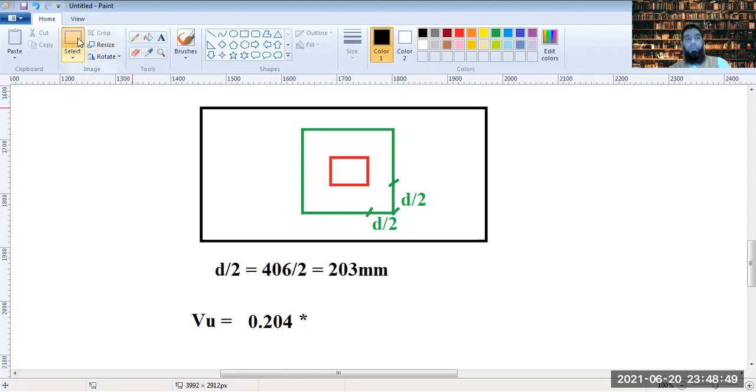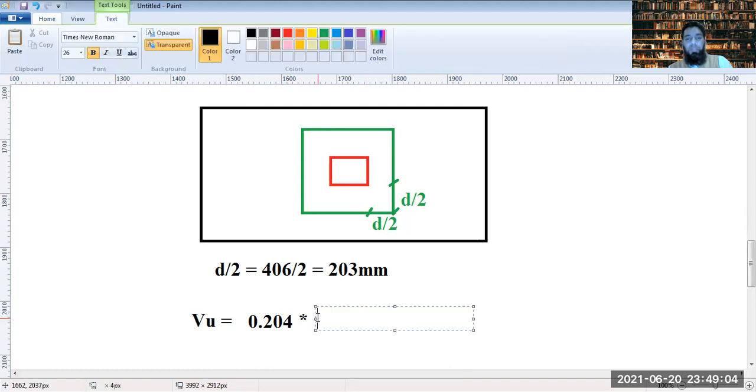So I hope that you understand. It's like you have cut a cake, and whatever area you are getting on the four sides of the cake, that's the area that I am talking about. So that area will be getting exactly at the center of the shear force.